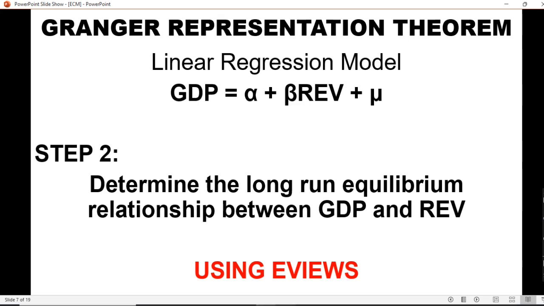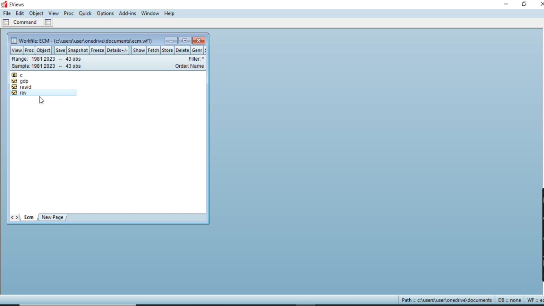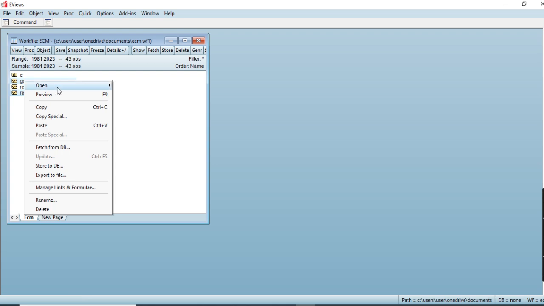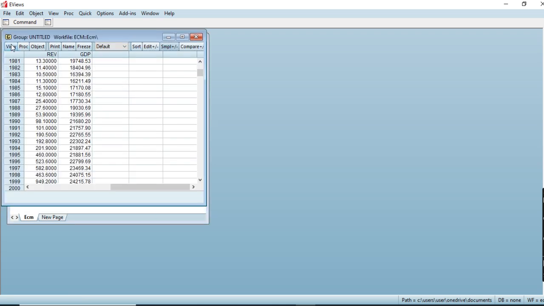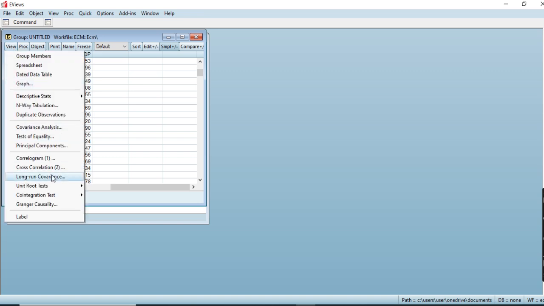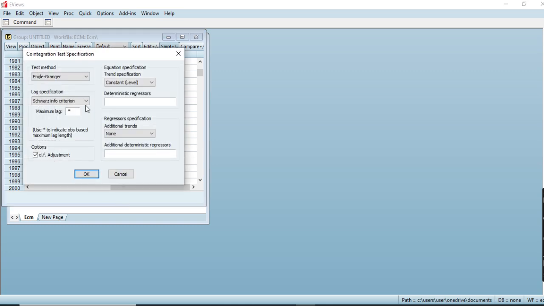So we have to do this using Eviews. We go to our Eviews platform, and then we open variables as a group. Then we click view, and we go to co-integration test, and we click on single equation co-integration test. We adjust the test method to Engle-Granger. We adjust our lag specification to fixed.